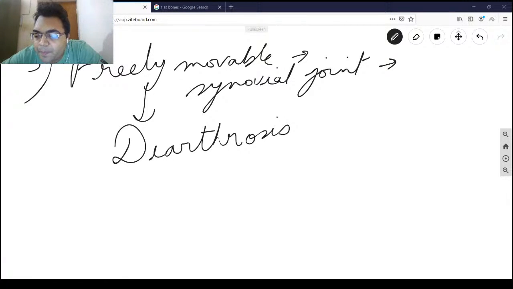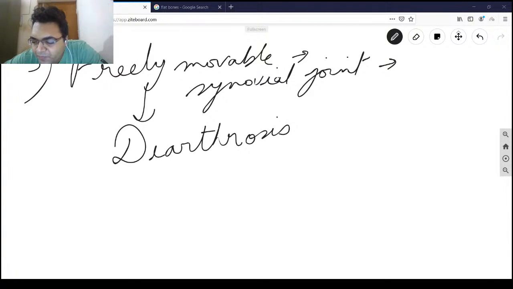One more thing is, if you consider an immovable joint, when two bones fuse and the boundary between them disappears. The frontal suture of the frontal bone is an example.